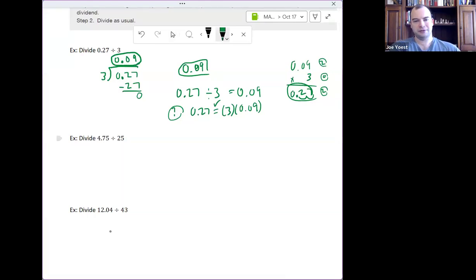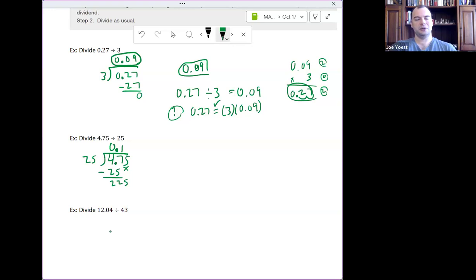What about 4.75 divided by 25? Does 25 go into 4? No, it doesn't. Or we could say it goes in 0 times. Does 25 go into 47? I've run into my decimal point. Let me just bring that up. Yes, it does. It goes in 1 time. 1 times 25 is 25. 47 minus 25 is 22. And I bring down my 5.